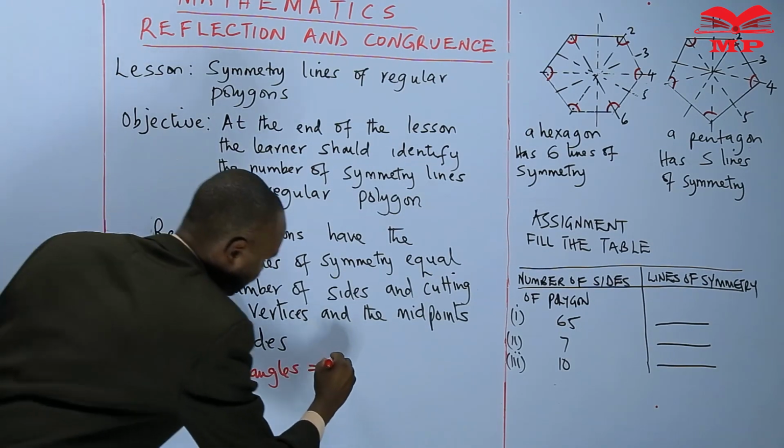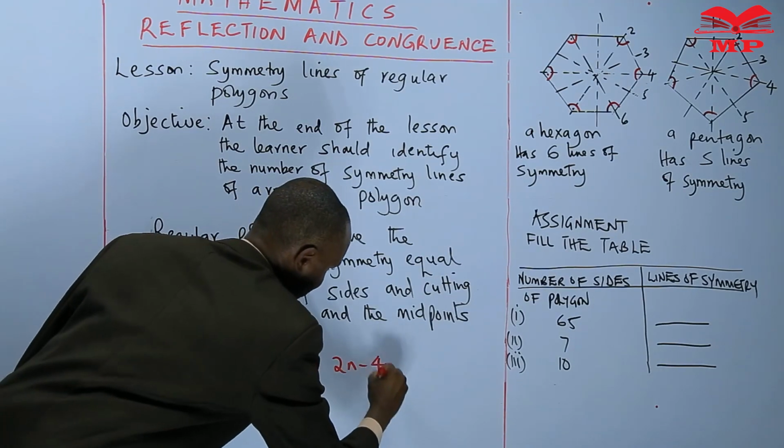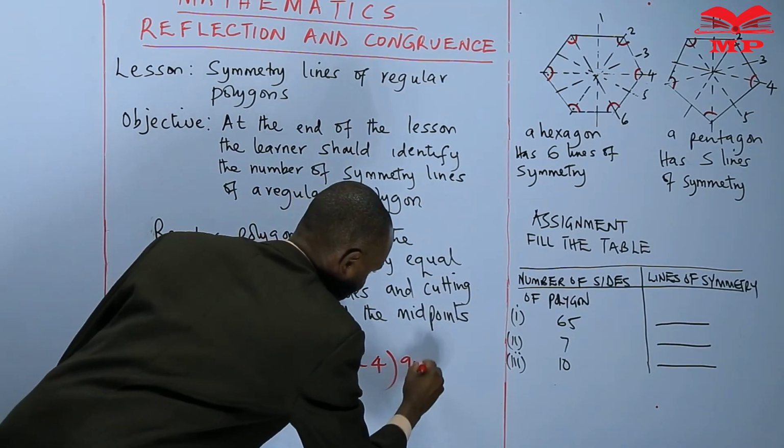is equal to (2n minus 4) times 90, where n is the number of sides of the polygon.